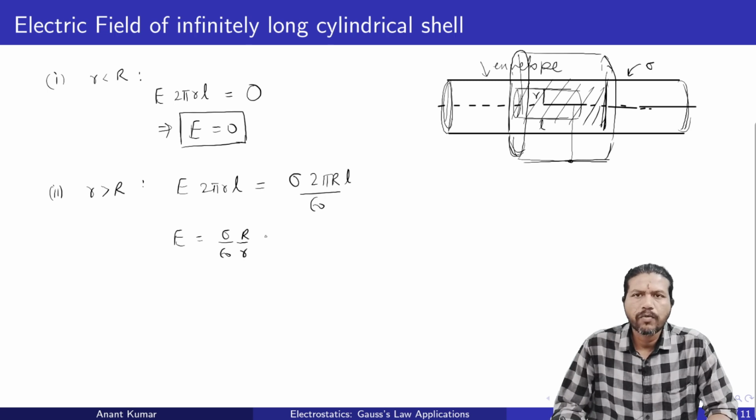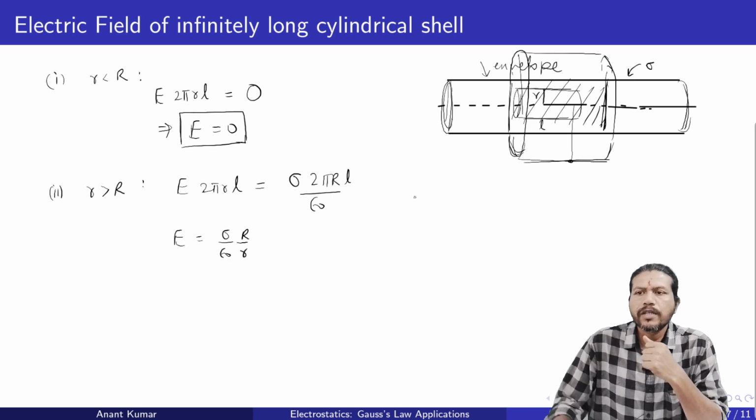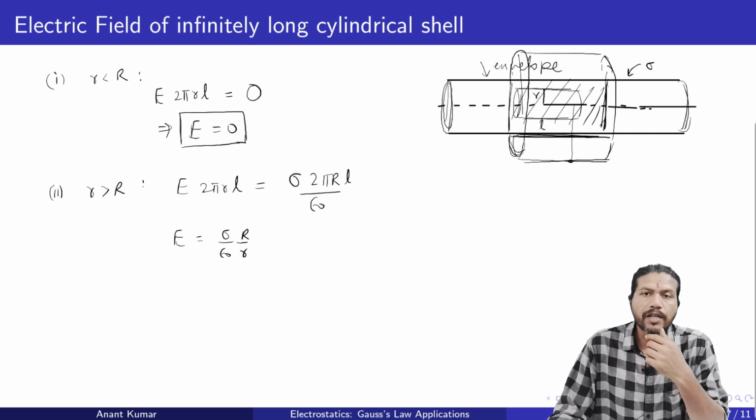In fact, if I wanted to express this in terms of the line charge per unit length, then you can see easily that if I take this length of the cylinder, the charge present is sigma multiplied by the area, which is 2 pi R into L, but I also want to write this in terms of the linear charge density lambda, so it should be lambda into L as well.